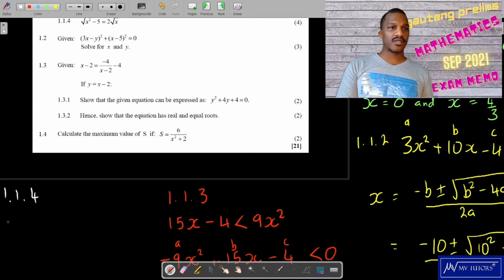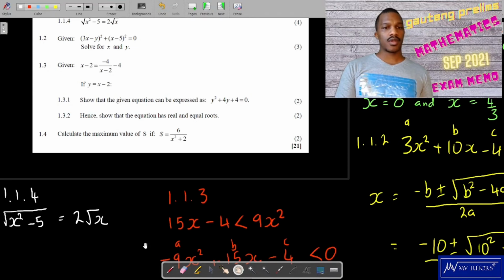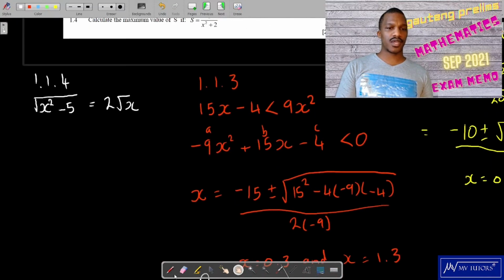And it says the square root of x squared minus 5 is equal to 2 square root of x. So the first thing we want to do here is get rid of the square roots. So we're going to square both sides.